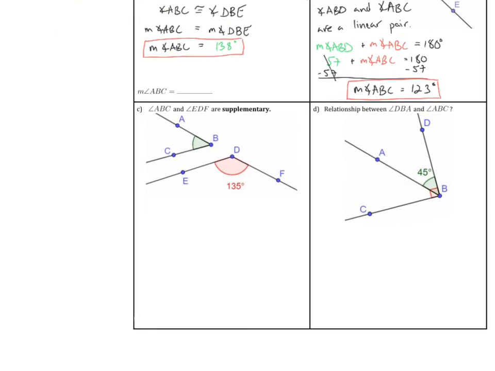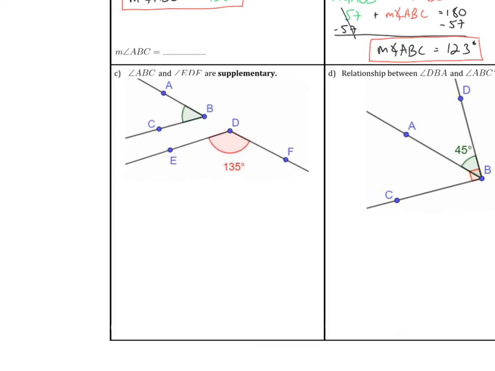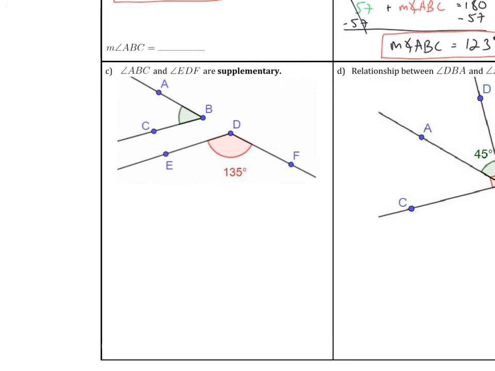All right, let's go ahead and move into problem C. So problem C actually gives us already the relationship between the two angles. It says that angle ABC and angle EDF are supplementary. Now, remembering from our notes earlier, supplementary means that the two angles add up to 180 degrees.